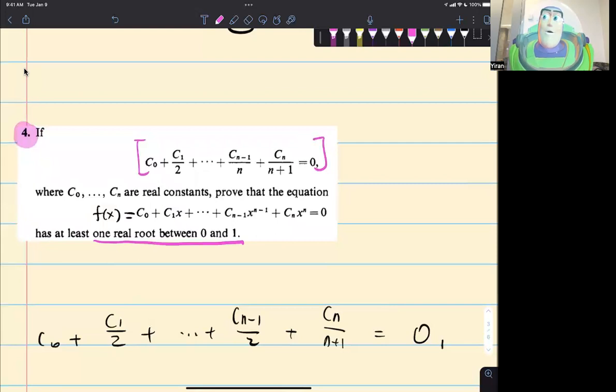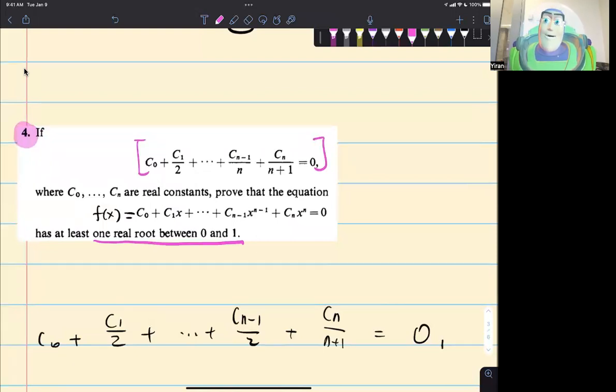What is the intuition for using Taylor's theorem? Okay, so I think I recall. When you first look at this problem, like me, you have no clue where to go, because it feels like it is asking to solve a polynomial problem.